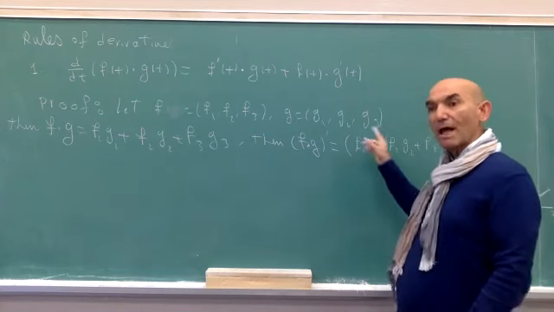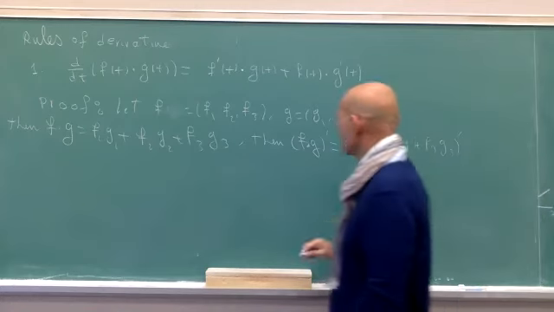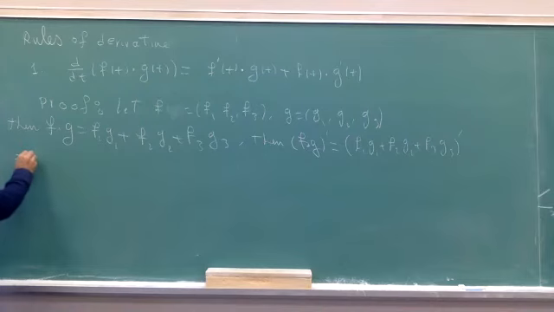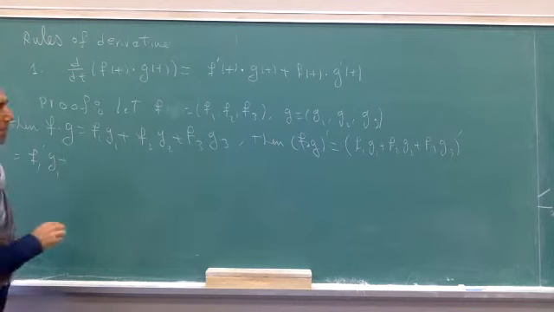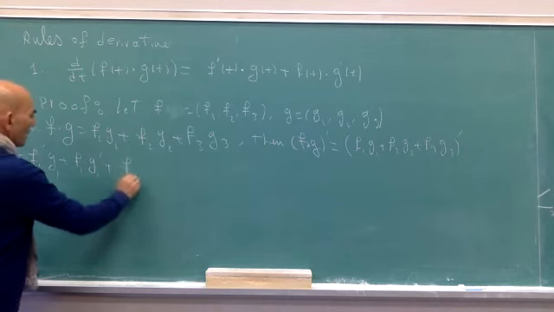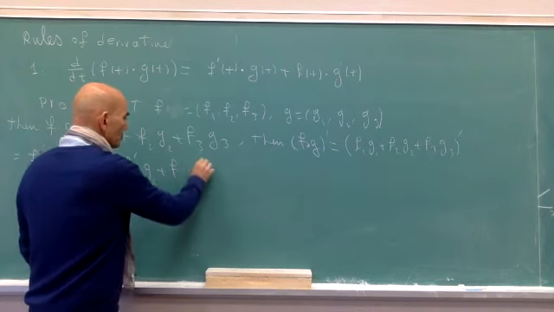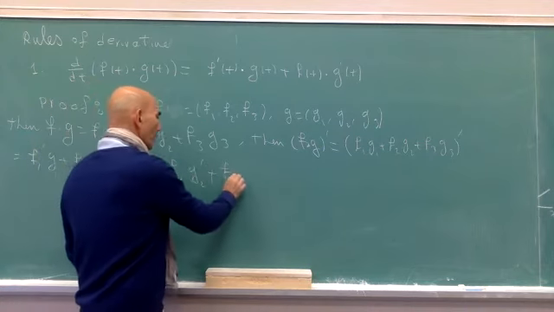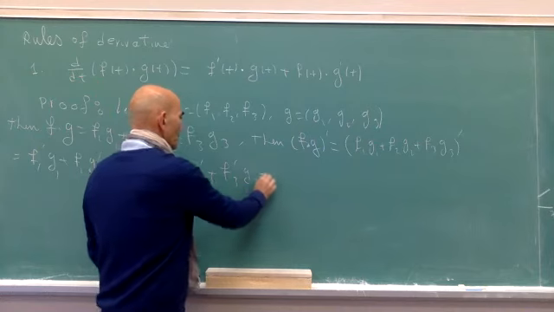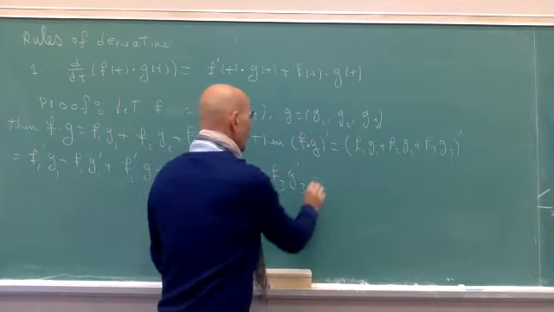We want to take the derivative of this. Now we are back to calculus, so we use what we know from calculus. So this is equal to f1' g1, as you said, product rule, plus f1 g1' plus f2' g2 plus f2 g2' plus f3' g3 plus f3 g3'.